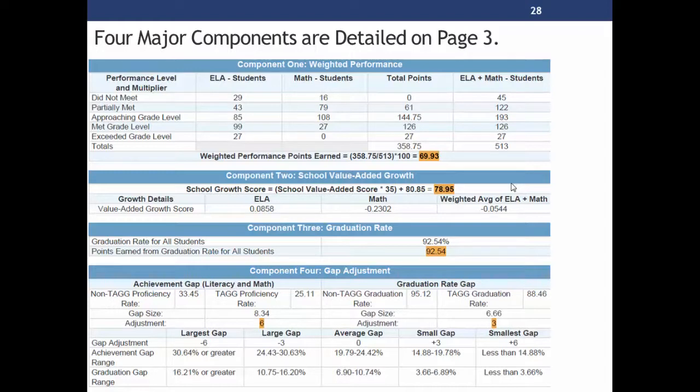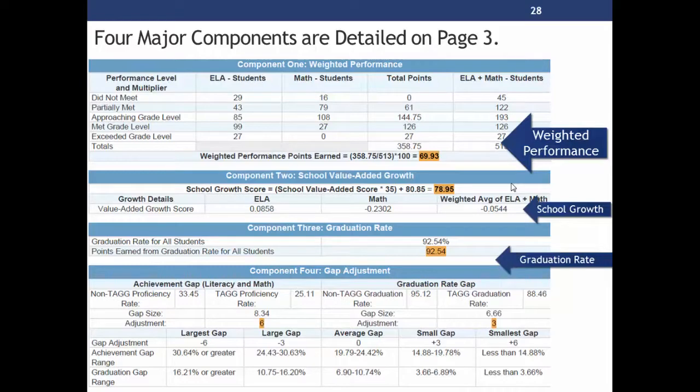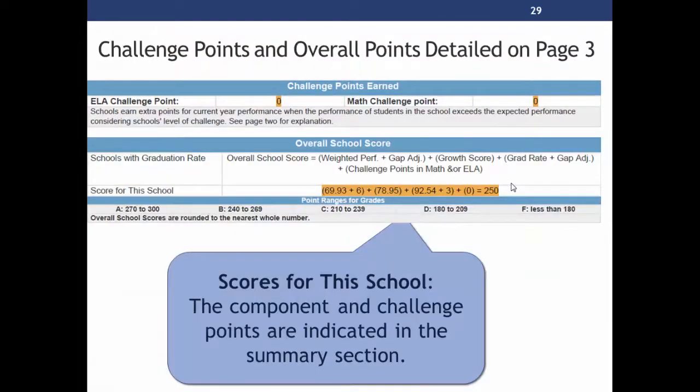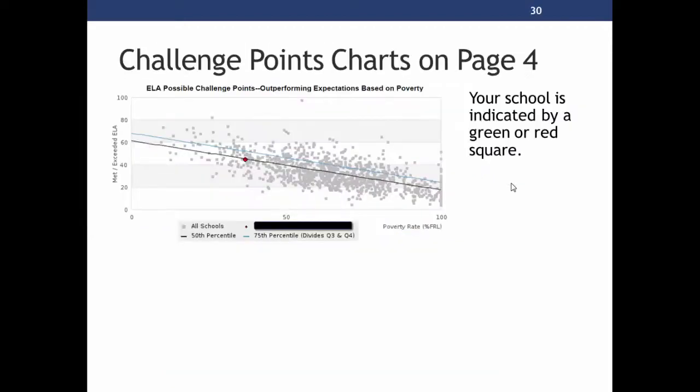The 4 major components are detailed on page 3, and these are the exact numbers that are part of your weighted performance calculation, your school growth calculation, your graduation rate calculation, and your gap adjustments. It also includes the challenge points that were earned, as well as plugging all of those into the overall school score formula, and then with your overall points you can quickly reference the grade range and where you fell in the grade range.